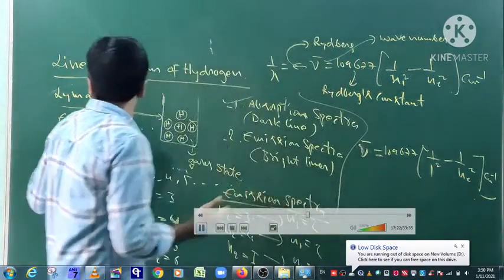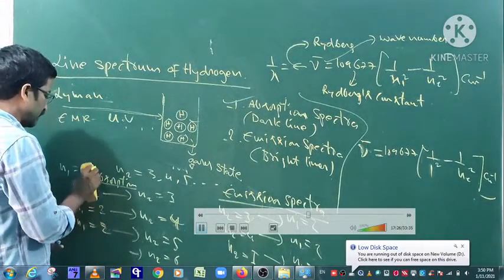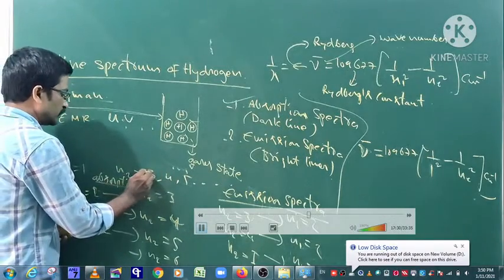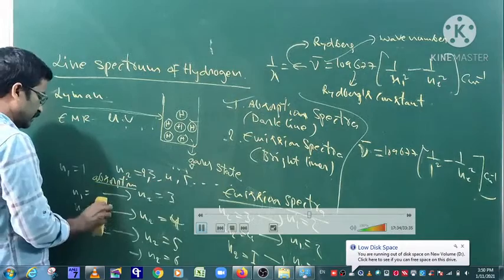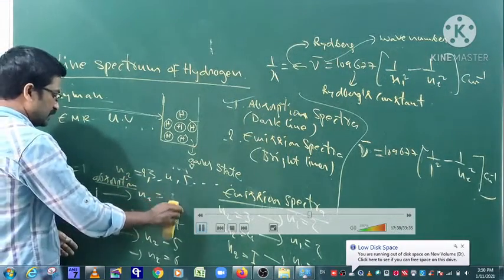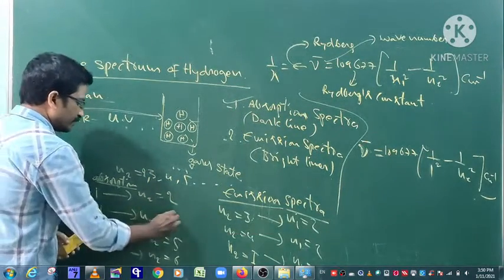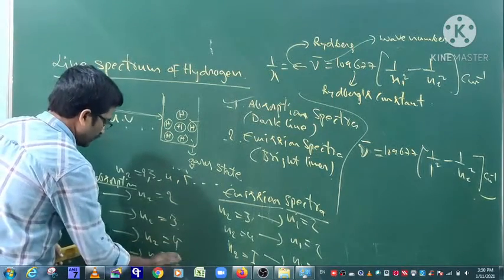which can give the Lyman series. In absorption, Lyman explained like this, n is equal to 1, 2, 3, 4 and so on. The initial stage is 1, and the final stage is 2, 3, 4, 5.